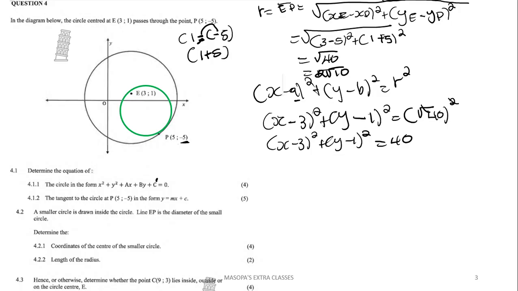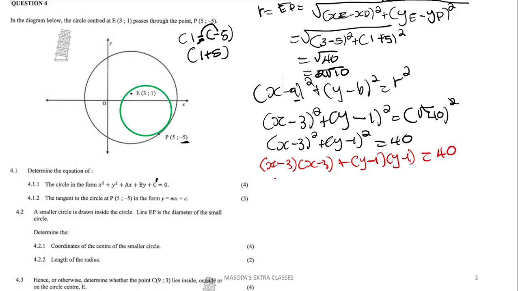So when we expand x minus 3 all squared, it means that we have what? Binomials. So let me change here, and then meaning that you're going to have x minus 3 multiplied by x minus 3 plus y minus 1 and then y minus 1, that is equals to 40.